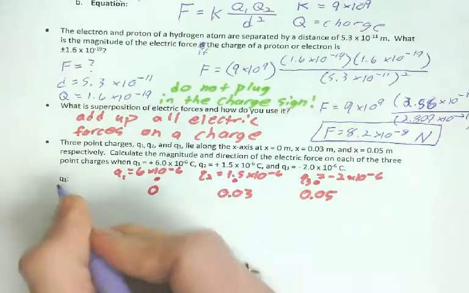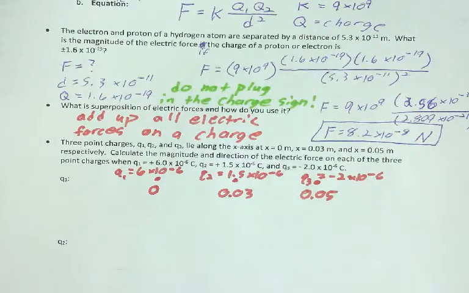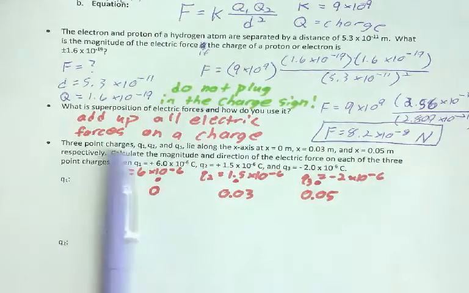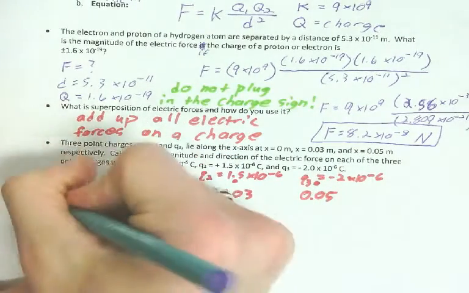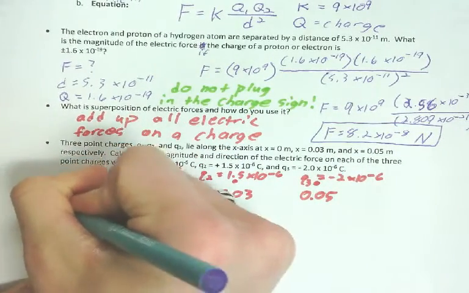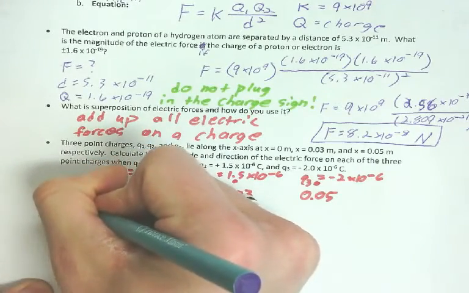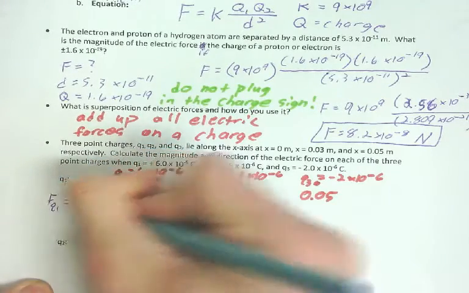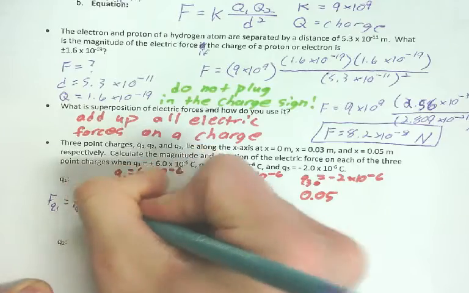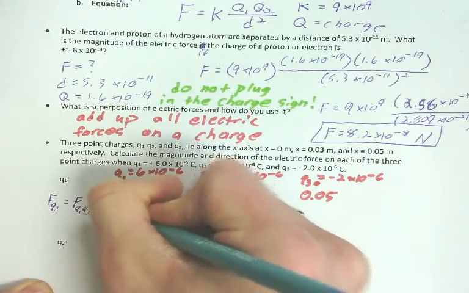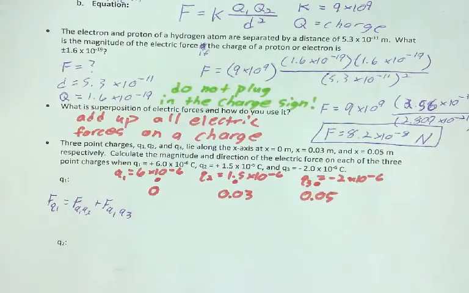So for example, if I want to find the force on Q1, what I have to do is take the force between 1 and 2 and add it to the force between 1 and 3. I have to find 2 forces.